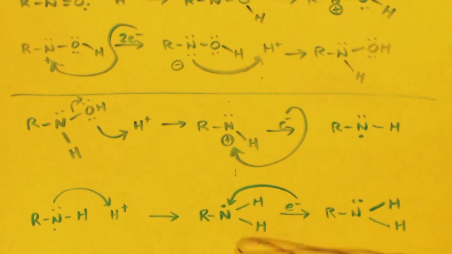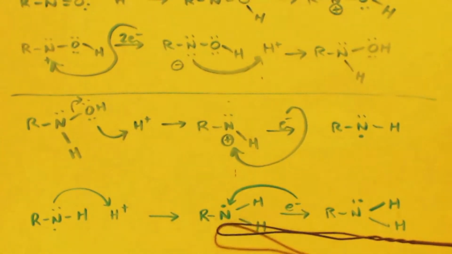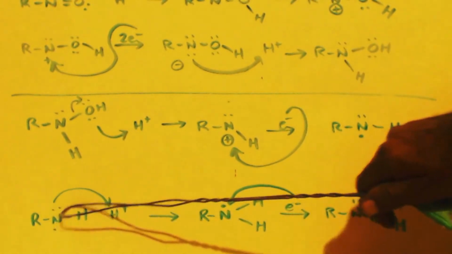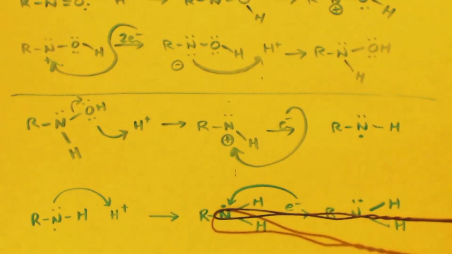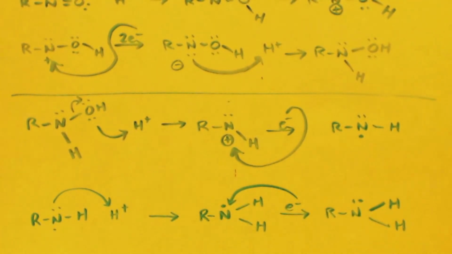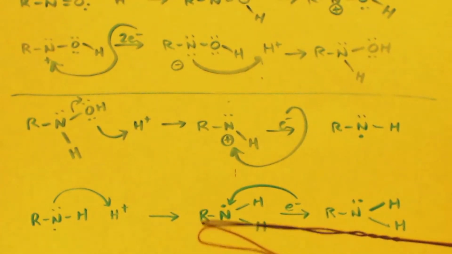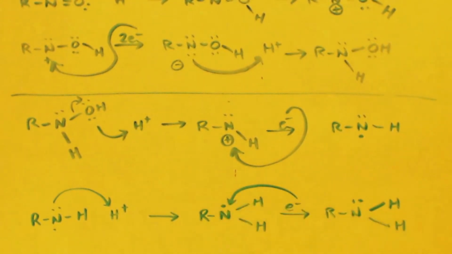Now you got your methylamine, right? But your nitrogen, only because of the 2 lone pairs on one of these hydrogens, you're left with a single electron, right? That leaves us 1, 2, 3, 4 electrons around the nitrogen, and it should have 5 electrons, so it's positive. And when it's positive, you can add electrons.